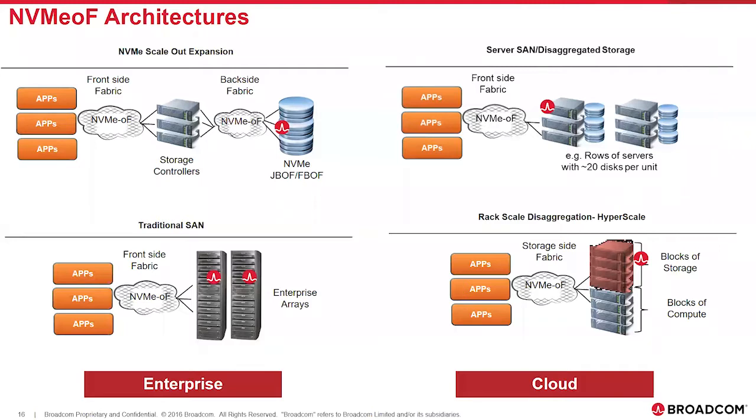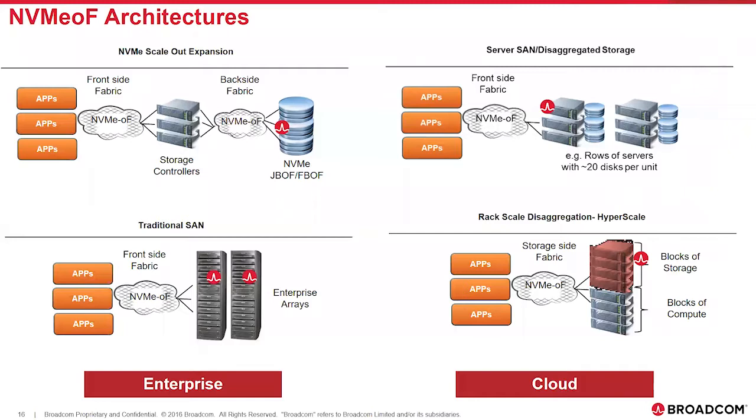And then, moving to the right here, NVMe is already being deployed by cloud vendors and hyperscalers. It started with solutions like you see on the top right quadrant here, with storage servers containing, say, anywhere from 6 to 12, even 20 disks each, connected using RoCE or TCP.